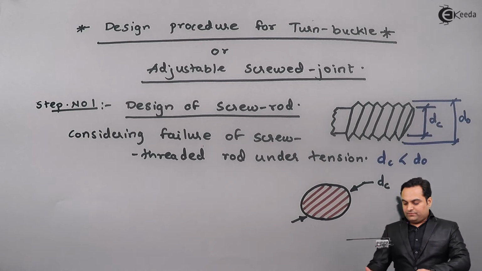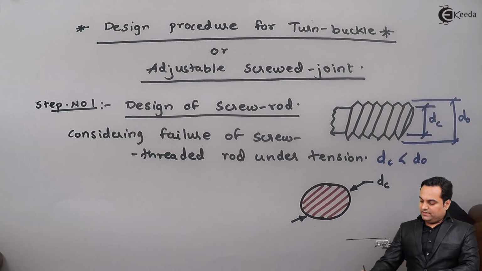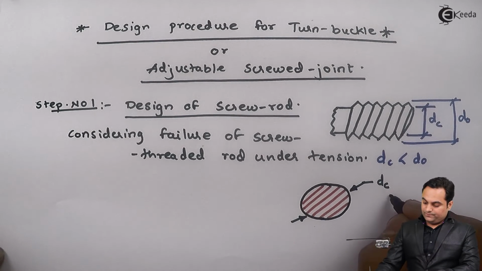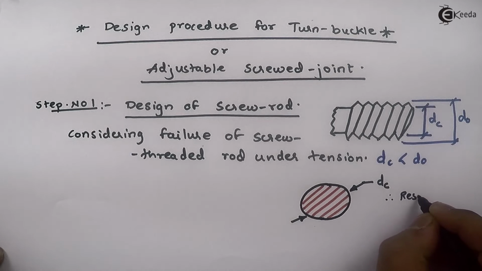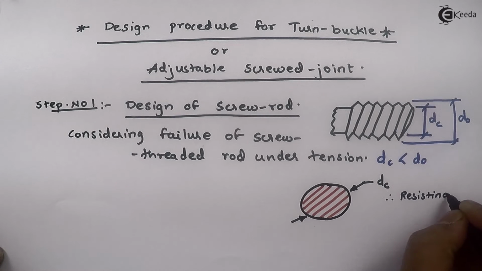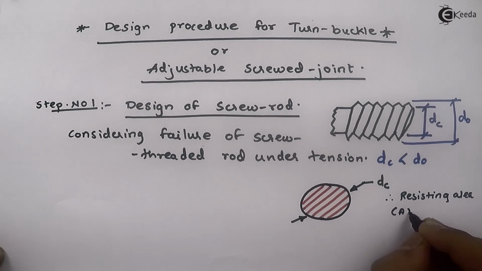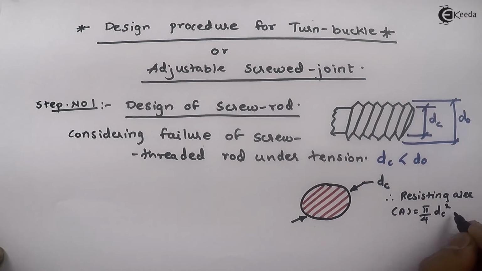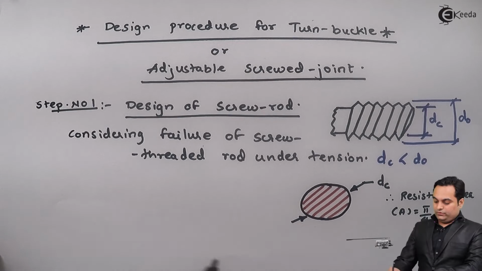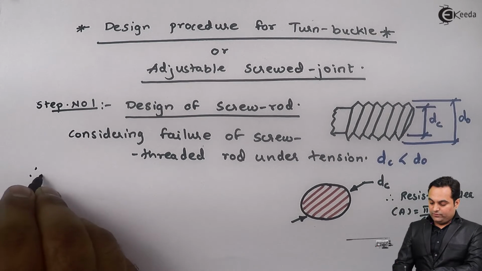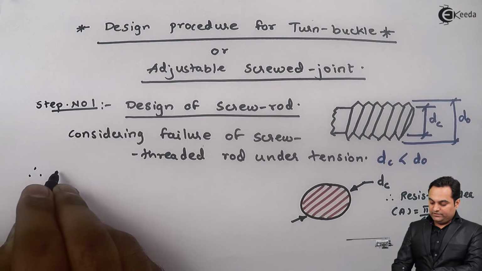So here this is the failing area, and therefore the resisting area, capital A, will be equal to pi by 4 into DC square.